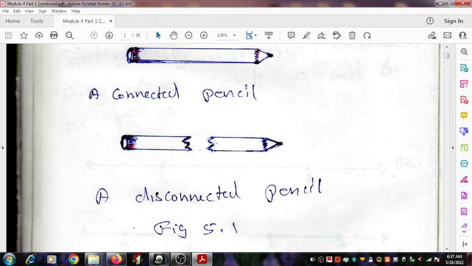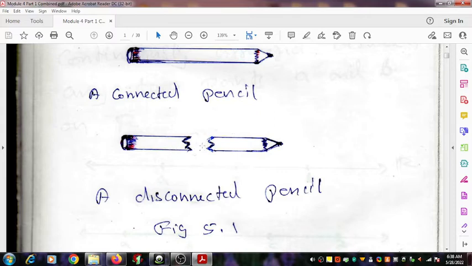This pencil has two sections, and the first section can be named A, and the second section can be named B. To say that the first section exists, or is not empty, we write A is not a null set, or A is non-empty. That means A exists, and similarly the second one also exists, so B is not empty. So the first condition that must be satisfied by A and B is that A is non-empty and B is non-empty.